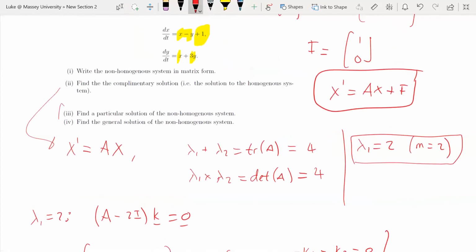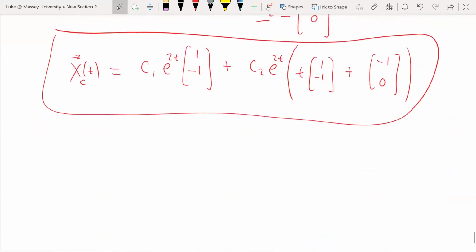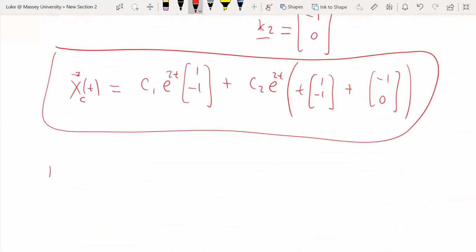Okay, the next two parts of my question say find a particular solution to the non-homogeneous system and then find the general solution. Well, the general is just the complementary plus the particular, right? But we want to find a particular solution here. So we want to find xp.